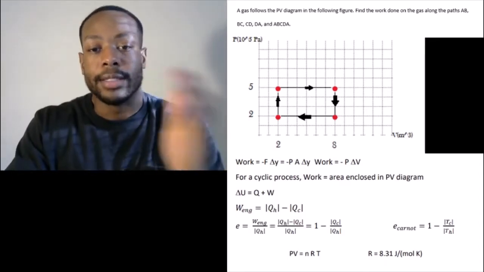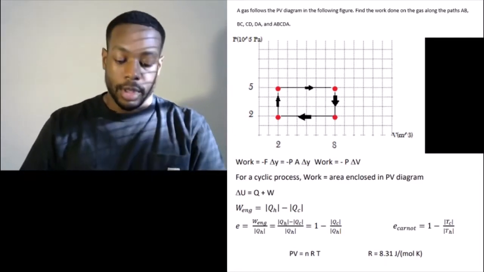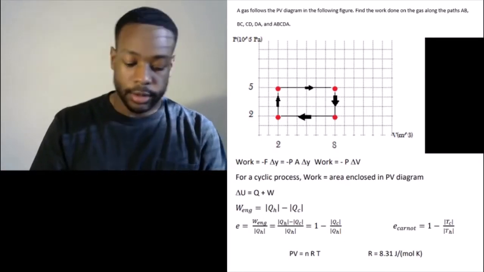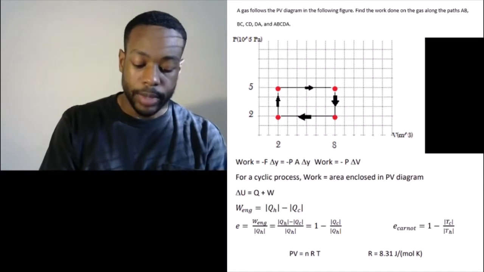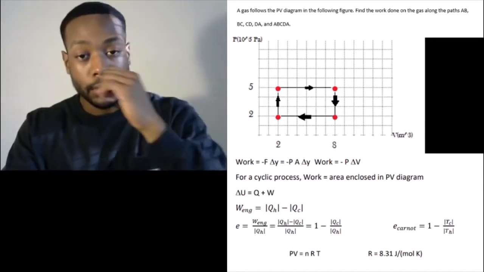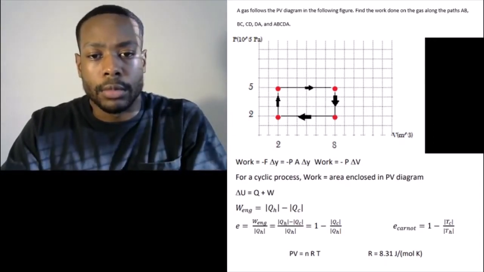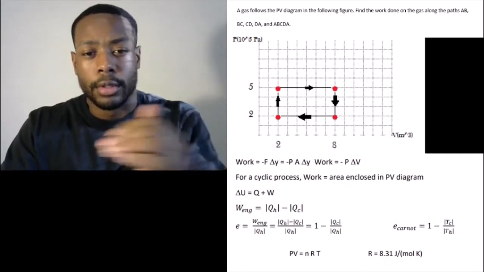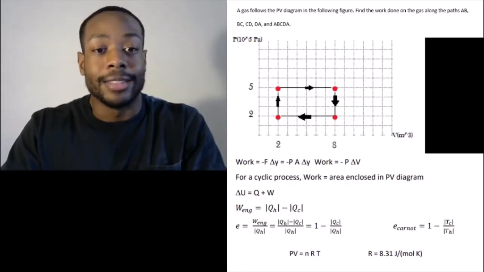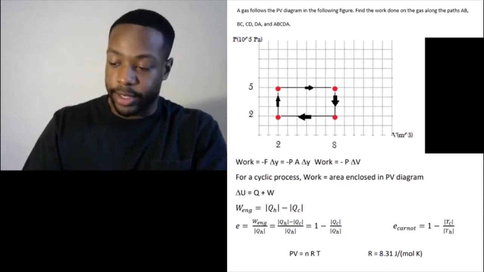Now we've got CD, right? So let's get a different color. For CD, our pressure is 2 times 10 to the 5th pascals. And then we're going to have a change in volume of 2 minus 8, which is negative 6.